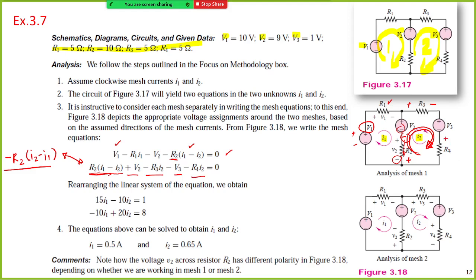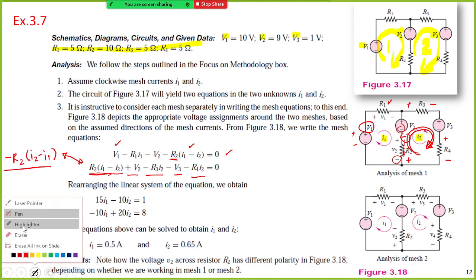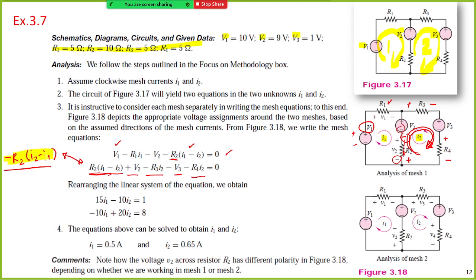Plus minus. So that's why I myself usually prefer to use this form rather than this form. This is equal, but I still choose this direction of the mesh to form this current. Okay, you understand this?